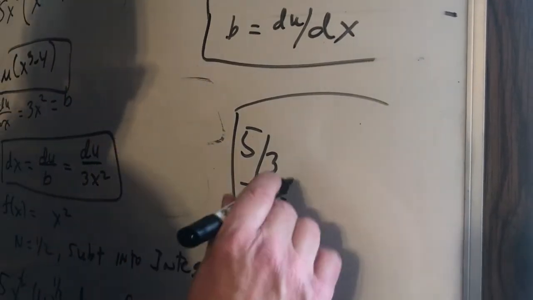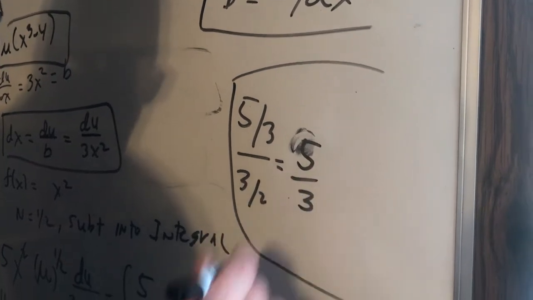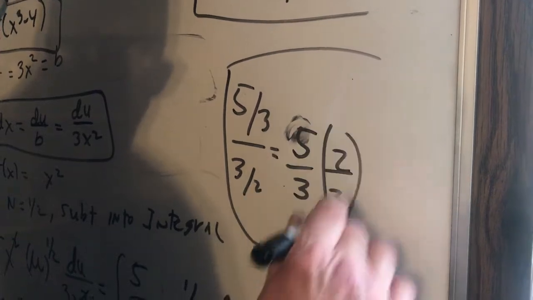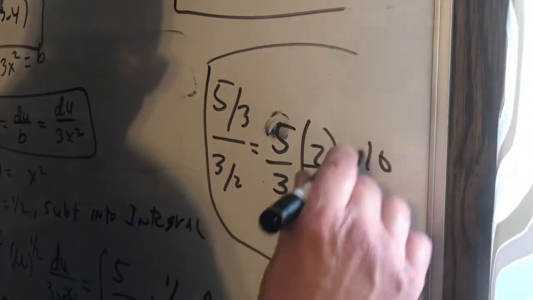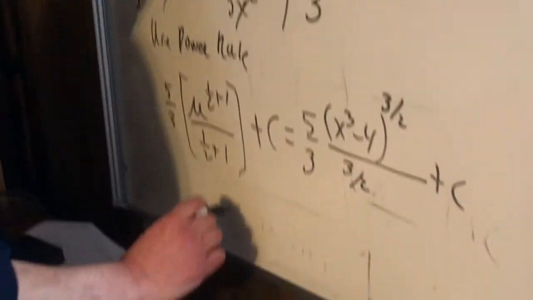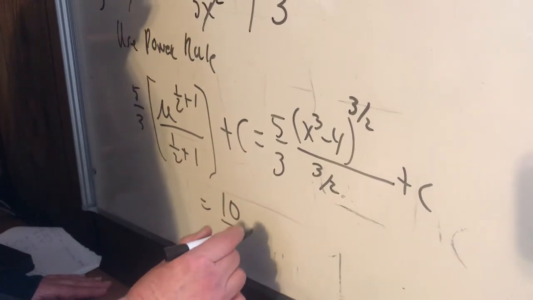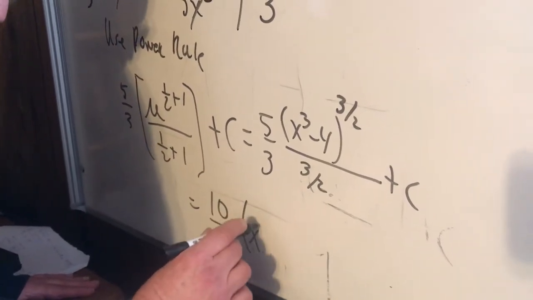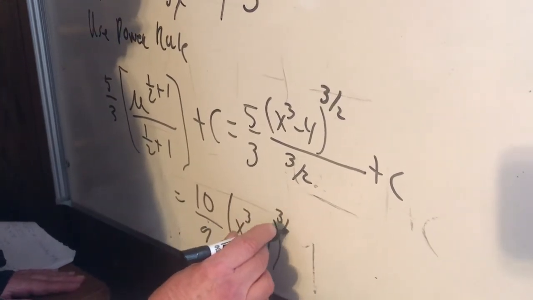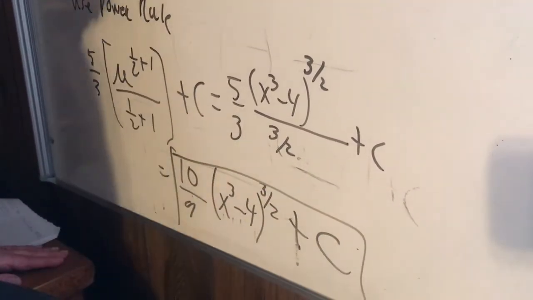I keep the 5/3 in the numerator and take the reciprocal of the denominator. That's going to equal 10/9. So we get 10/9 times x cubed minus 4 to the 3/2 plus c, and we're in business.